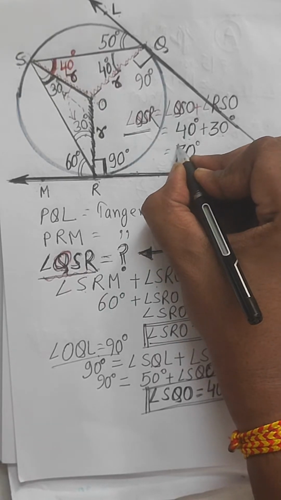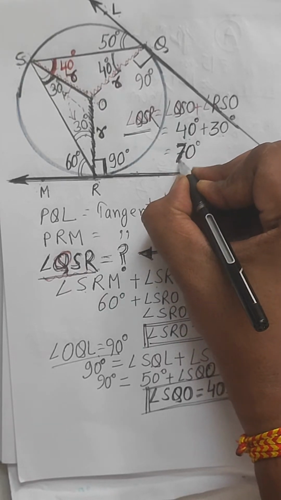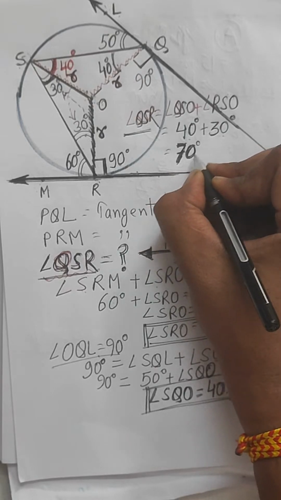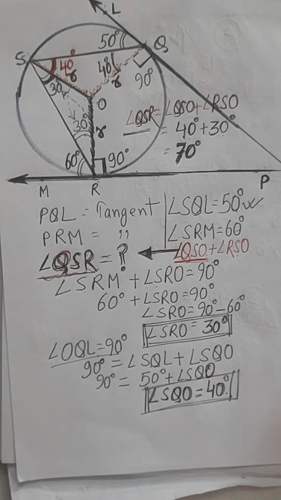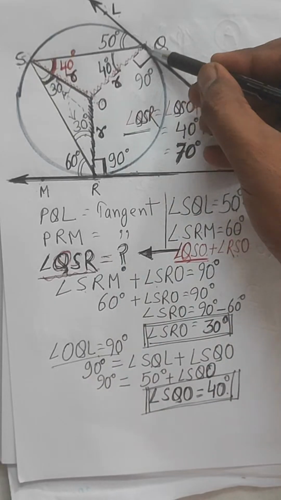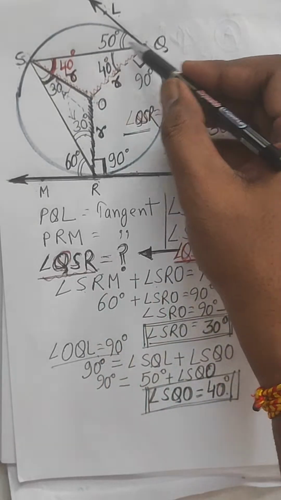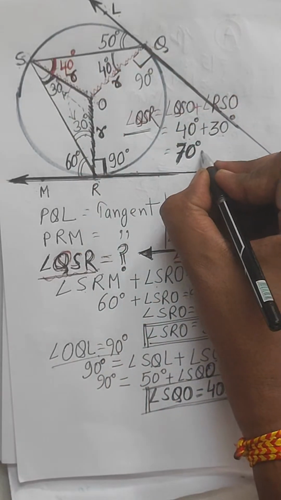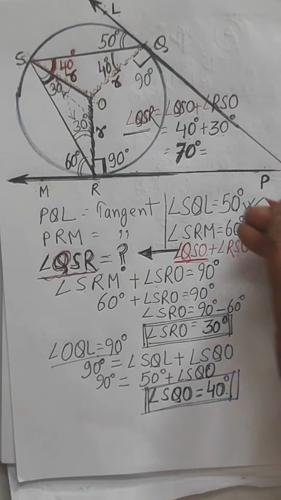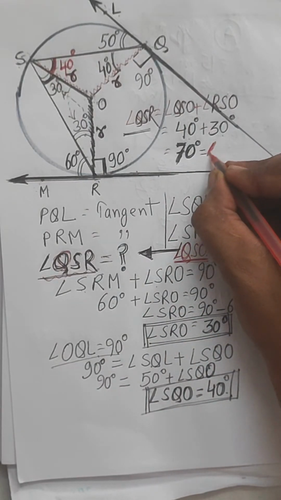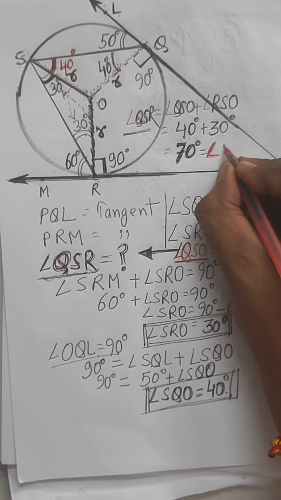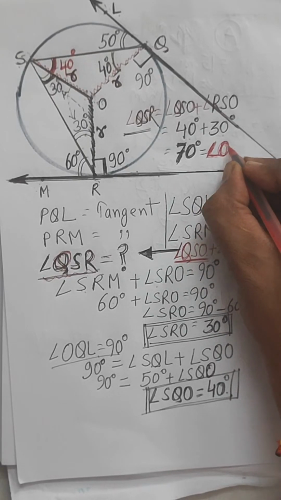So 70 degrees is the exact value of angle QSR.